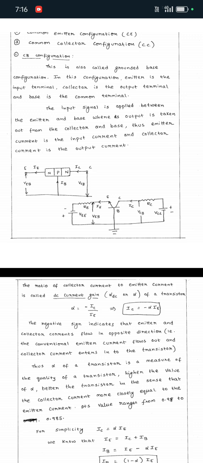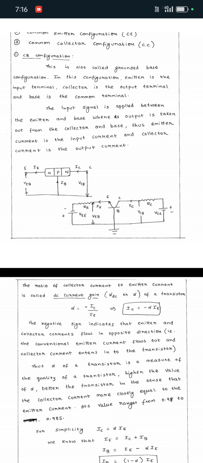Next, the common emitter configuration, also called the grounded emitter configuration. Here the emitter is the common terminal, the base is the input terminal, and the collector is the output terminal.